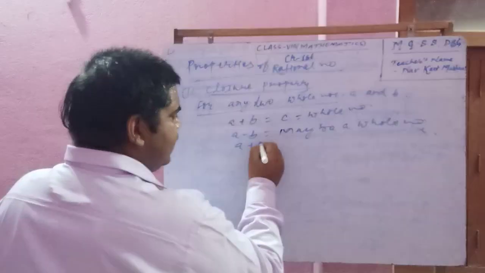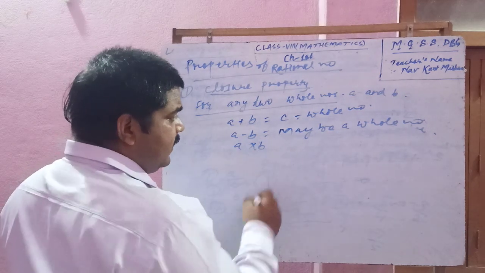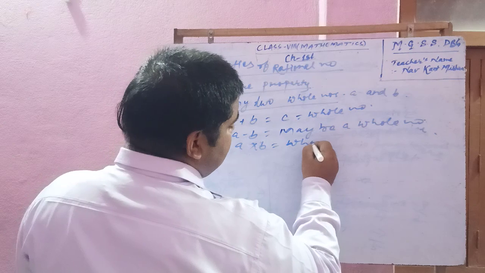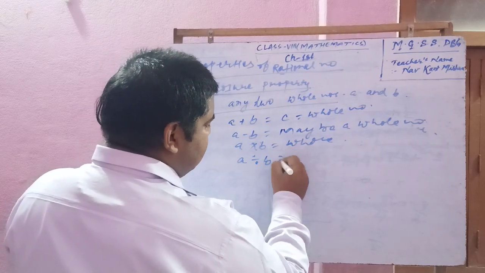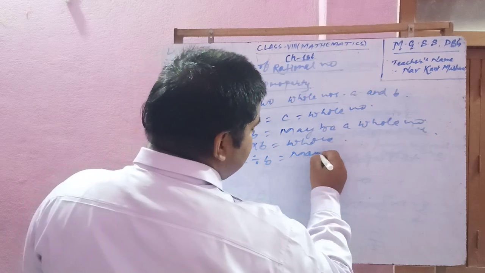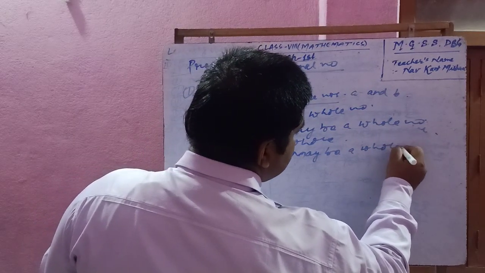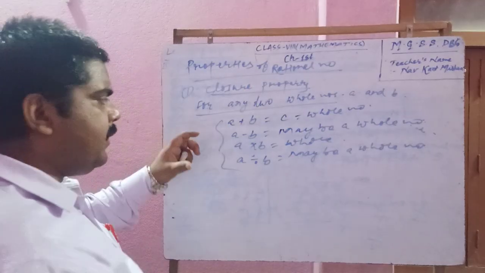Similarly, in the case of multiplication of two whole numbers, it must be a whole number, and if a is divided by b, then it may be a whole number. Actually, these properties govern the closure properties.